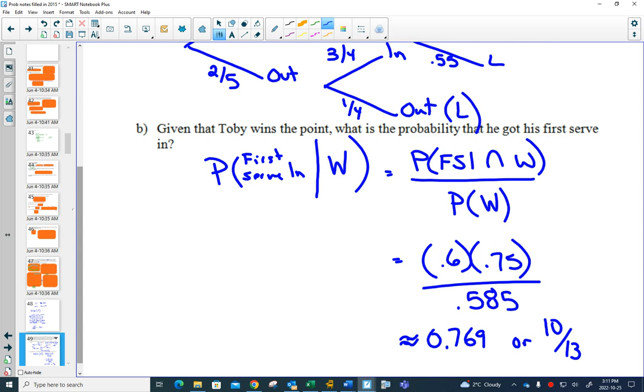Or you could do an exact value if you go to your fraction button on your calculator and change this. It is exactly 10 out of 13. So fairly good chance, when you see him win that point, that he had got his first serve in, according to the probability given here.